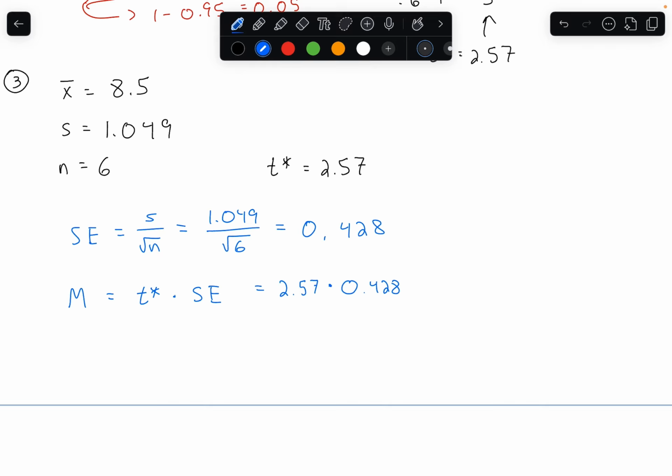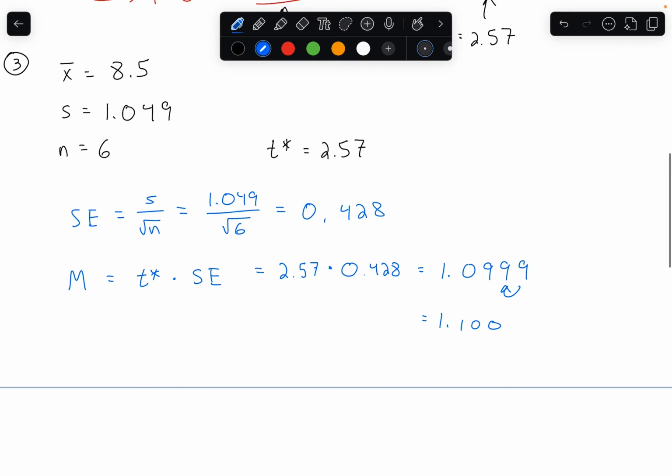So again, grabbing my calculator, 2.57 times 0.428 gives me 1.0999. Now, if I round that to 3 decimal places, that 9 makes this go up, so that would be 1.100. So just 1.1 here in this case.